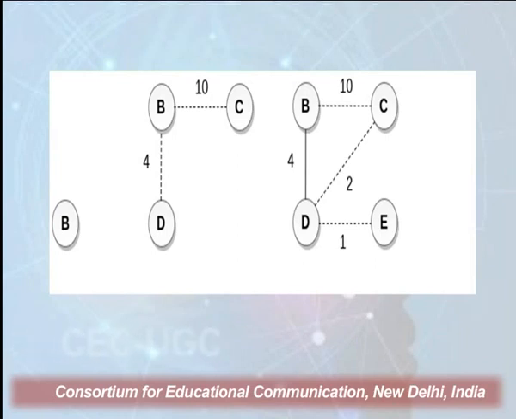Now we will look for the minimum here. There are two edges in that particular cut, joining the set which contains B and the set which contains all the other vertices. The two edges are BC and BD, and as per the procedure we look for the minimum. The minimum is BD and we have chosen BD.